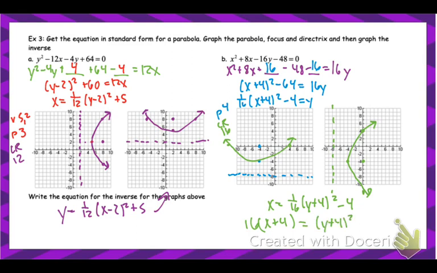In order to actually solve for y, my next step would be to square root. Well, the problem when I square root it is it introduces both the positive and the negative square root. So the top part of this graph is actually a positive square root graph. And then the bottom part of this graph would be a reflected negative square root graph. But again, we're going to talk about that more later on this year.